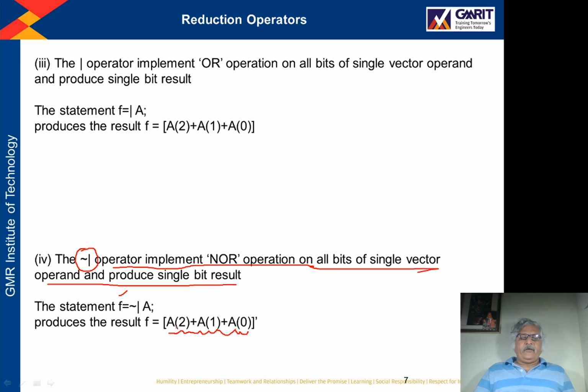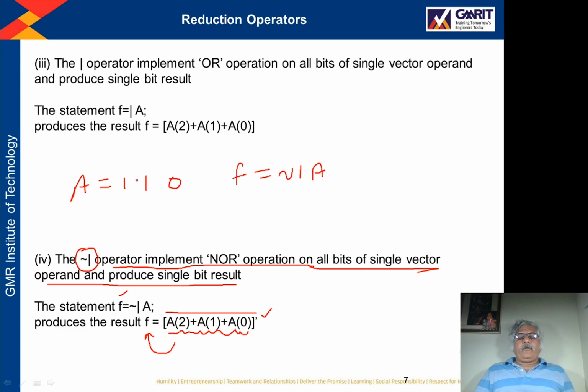This will be evaluated. Then here you see this is a single tick. This indicates the NOT operation. So whatever result you will get, it will be complemented and the result will be assigned to F. Let us assume we have A is equal to 1, 1, 0. So F is equal to tilde vertical bar A. What it will do?